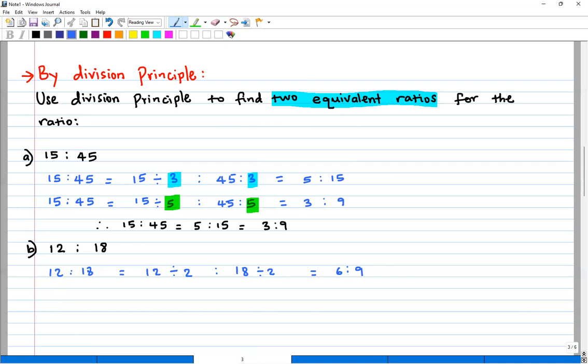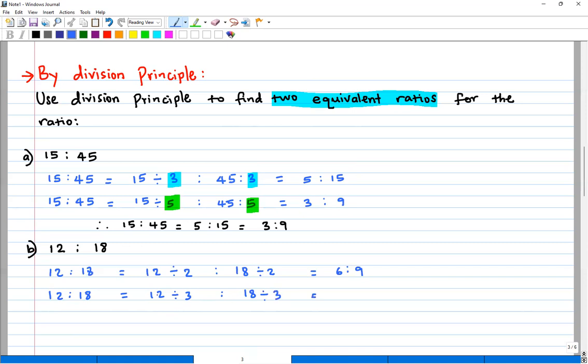All right. Now let's get another. So we have 12 to 18. We need to get a number that is divisible by both 12 and 18. So let's say 12 divided by, let's say 3. 12 divided by 3 to 18 divided by 3.